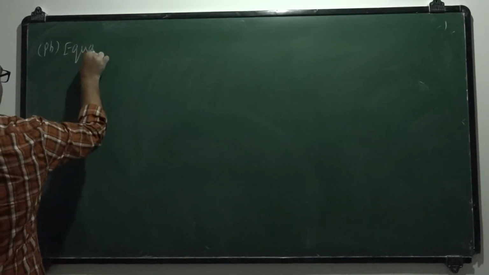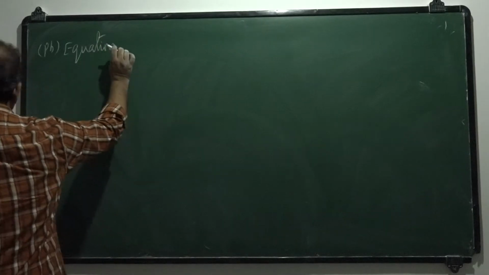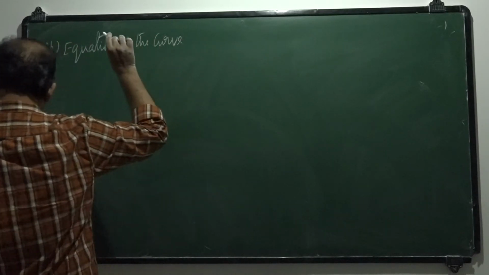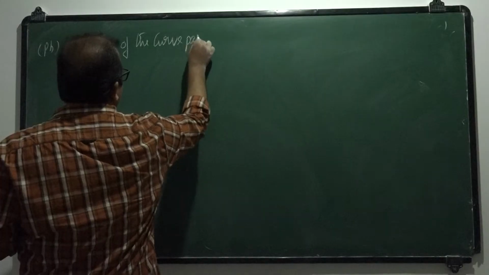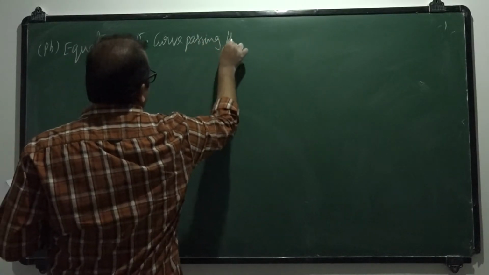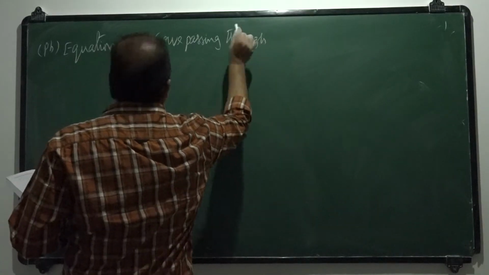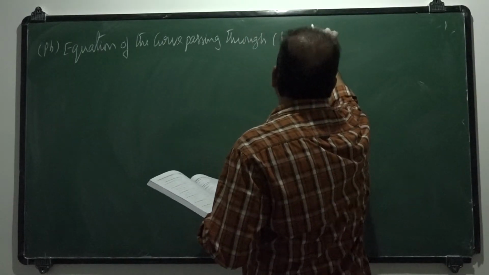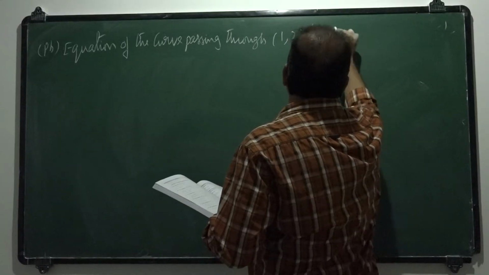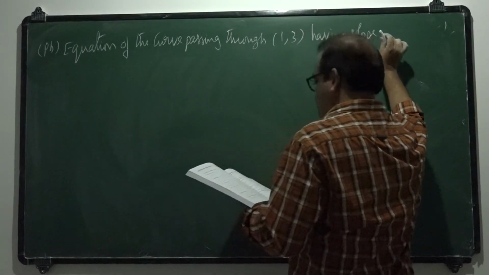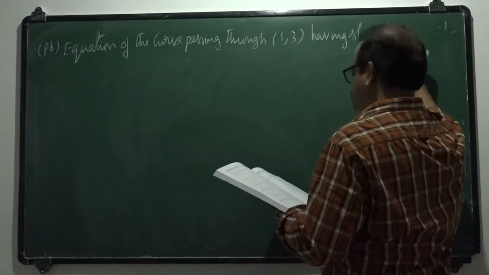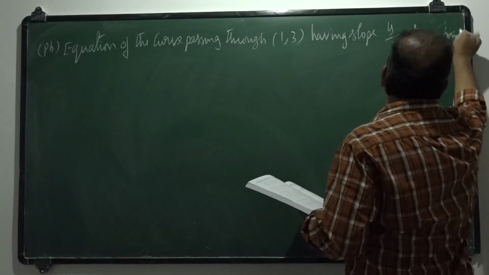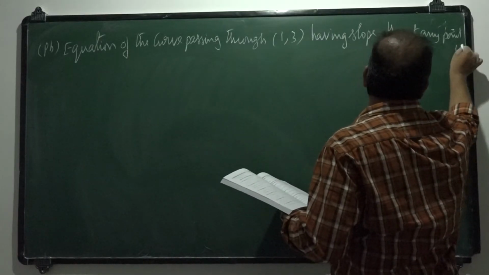Equation of the curve passing through the point 1 comma 3, having slope y by x at any point is.